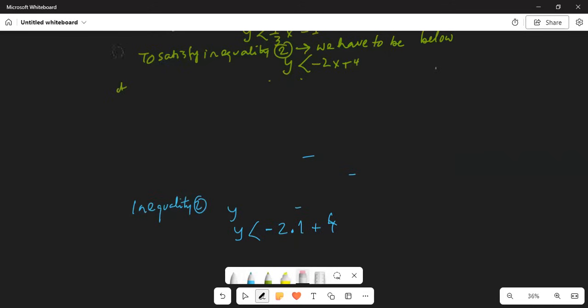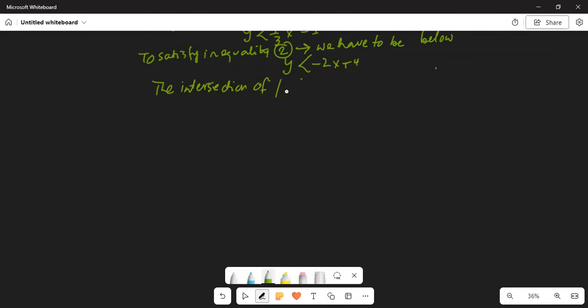The intersection of the two lines is 15/7 comma minus 2/7.